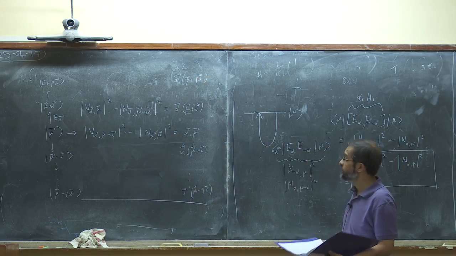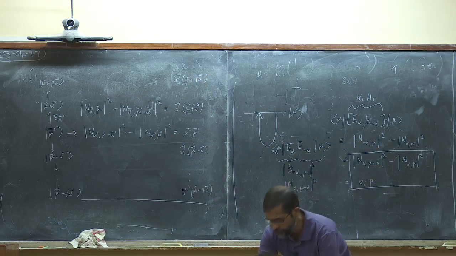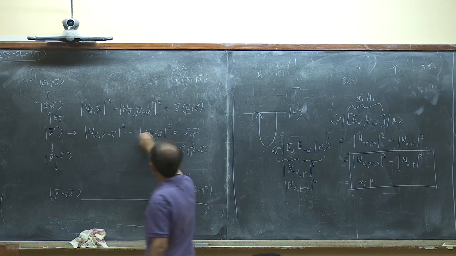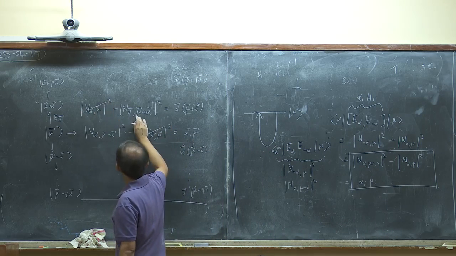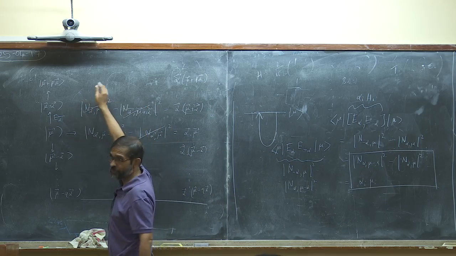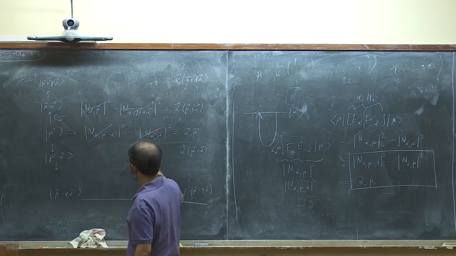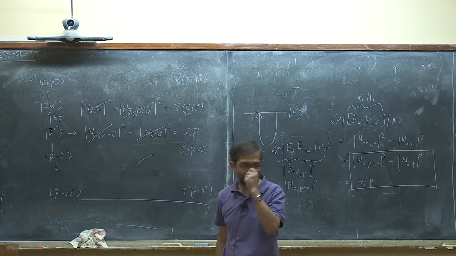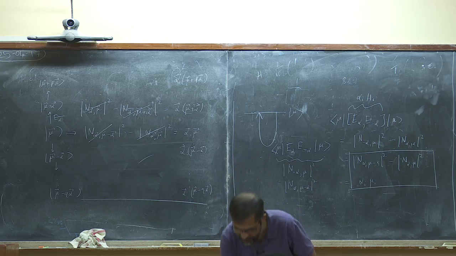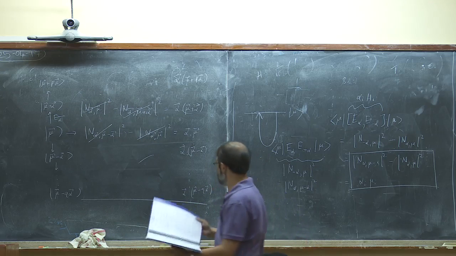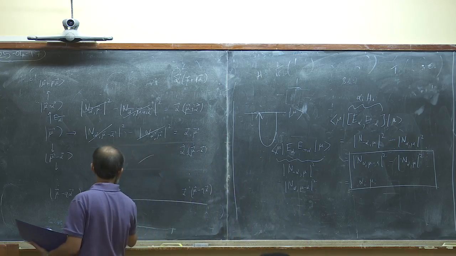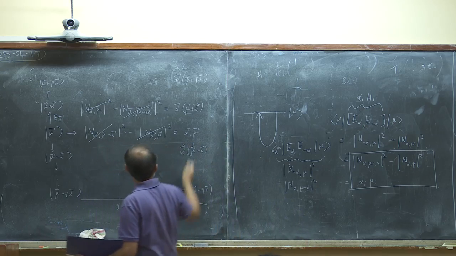Now, when I add these things up, you can see this cancels with the next fellow, etc. This cancels here, etc., etc. So you get 0. Everybody cancels here. So you get 0 is equal to the sum of all these things.